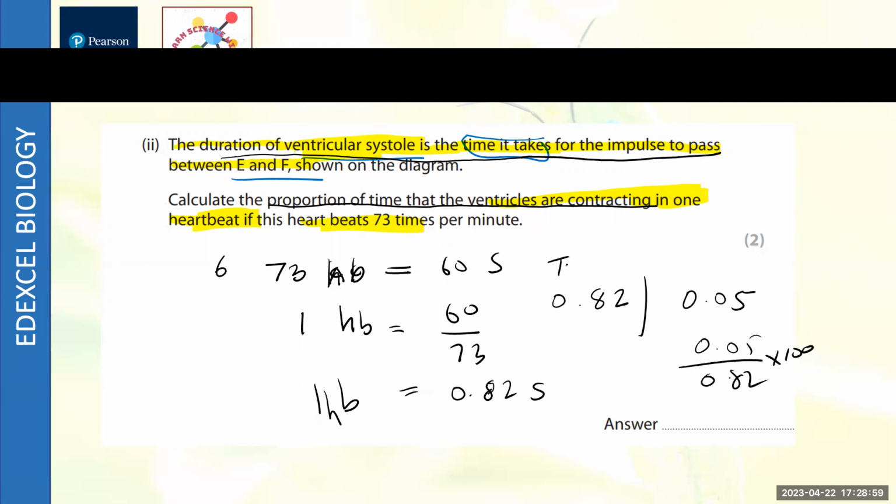This is the time for one heartbeat, and the time for ventricular contraction. So if you want to get the proportion, 0.05 divided by 0.82 times 100 gives the answer, 6%.